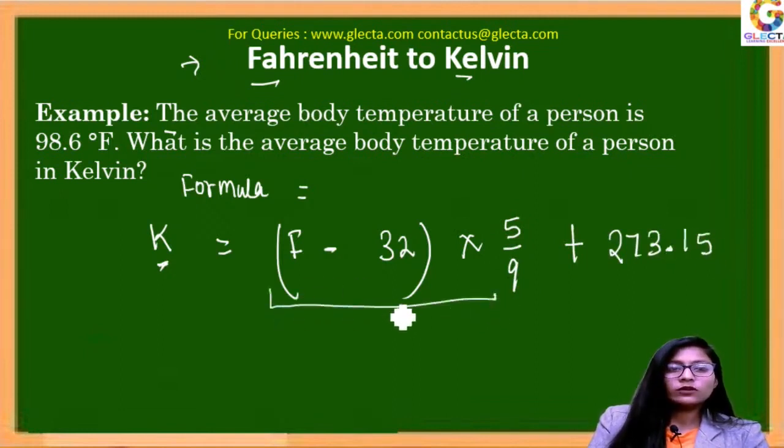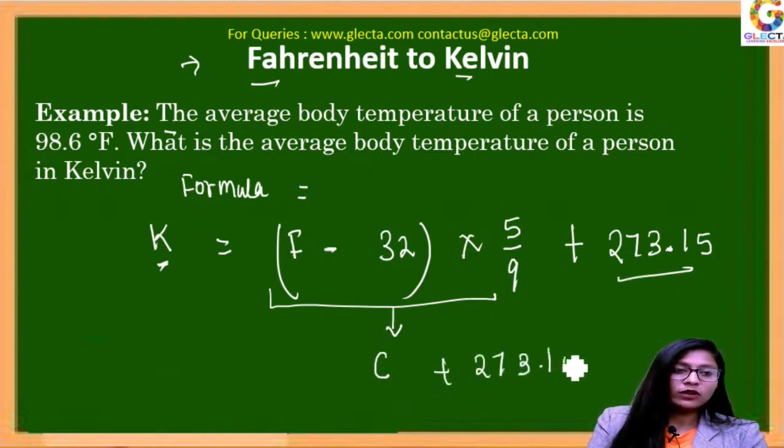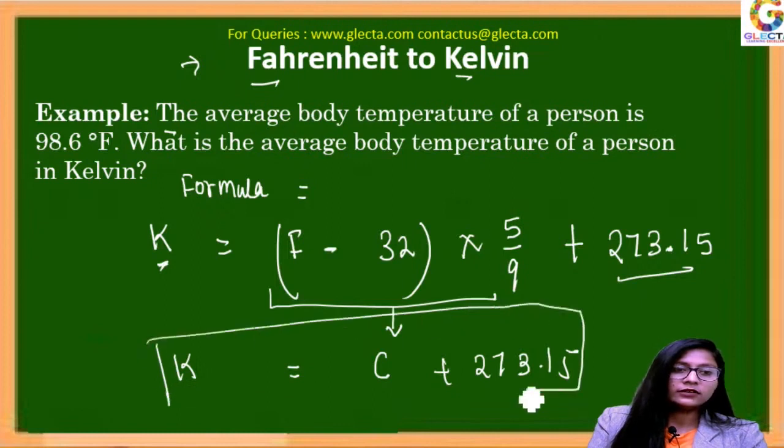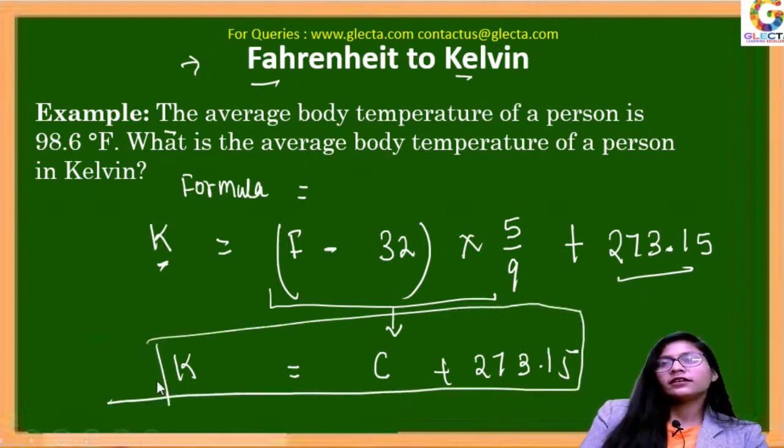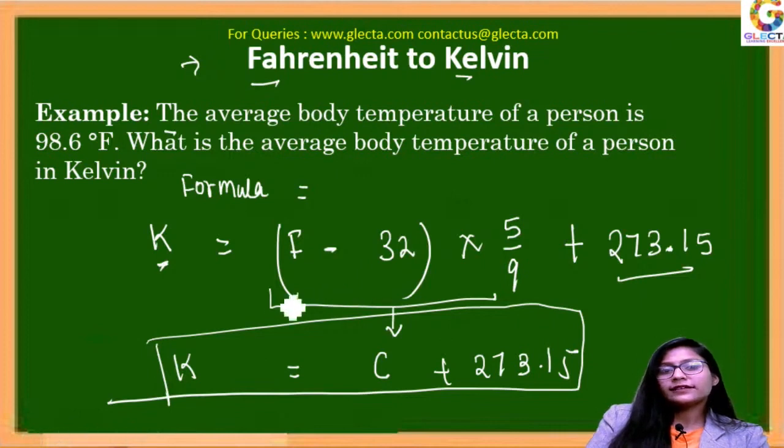This formula is for converting Celsius, and when you convert this one into Celsius, you are just adding 273.15 and then it will convert into Kelvin. Correct? Yes. I hope you are generalizing this concept. This is the formula of converting the Fahrenheit into Celsius.